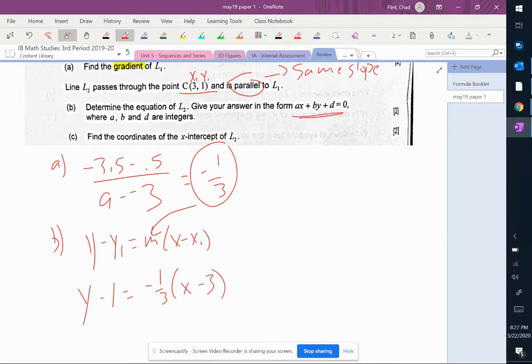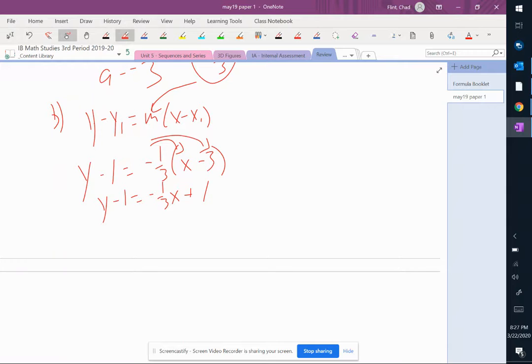Now it wants it in this form, which means get everything on one side. So I have to do some distributions here. It says integers, so I'm not supposed to have any fractions at the end, so we'll deal with that too. So it's going to be y minus 1 equals negative 1/3 x plus 1. Use a calculator to distribute that if you're not sure how to do it. Everything needs to go to the same side. I'll try to keep the x positive, so I'll move this over here.